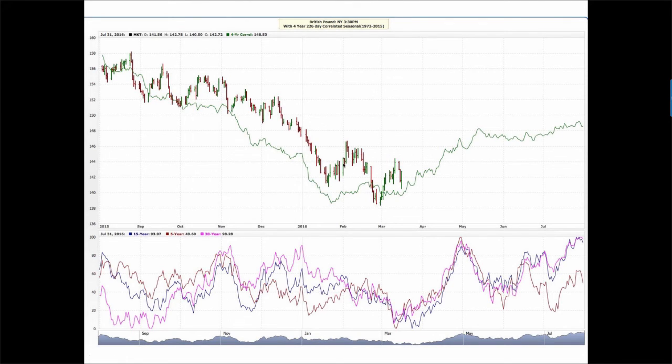It turns out they found 4 years that were similar to that, and the green line here is the blend of those 4 years. So once again, it's a bullish seasonality. It's supposed to have already started, and it's going to run a little bit later than the normal seasonality. So the correlated seasonality, a little bit bullish. So the seasonal situation is also bullish for the British pound.